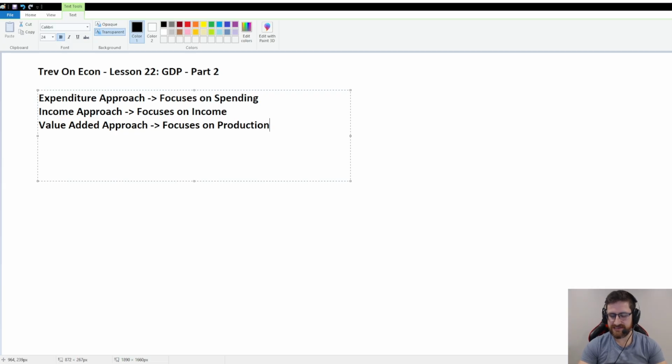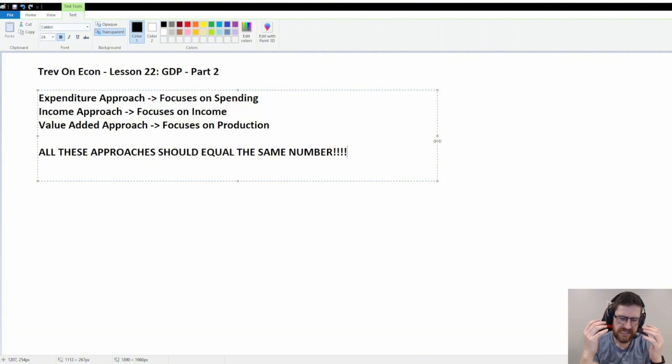Now, the nice thing about these approaches is that all these approaches should equal the same number. All right, this is going to be very handy. Now, why do they equal the same number? Well, the answer is kind of simple. All right, when I spend money, that spending becomes someone else's income.